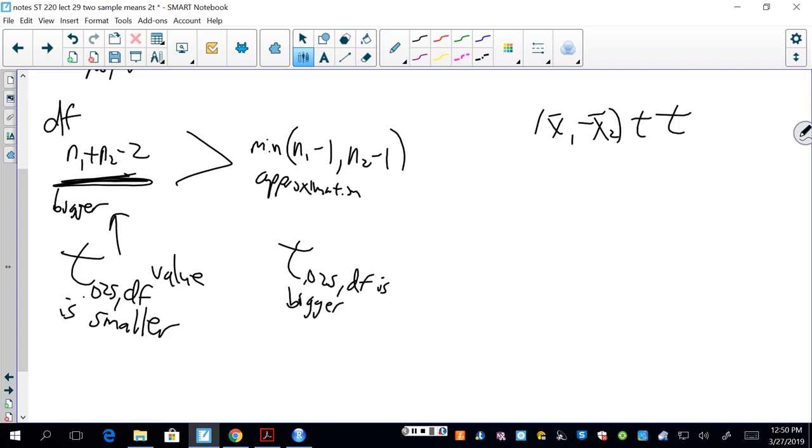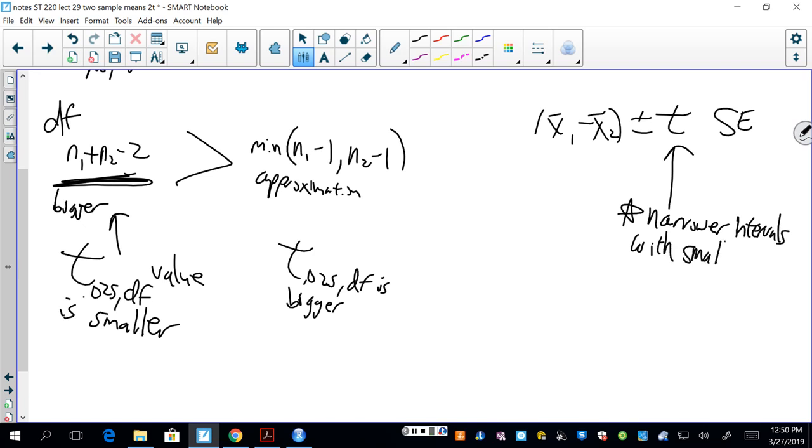We have some t value, plus or minus a value there, and then a standard error, right? We get narrower intervals if that value is smaller. Narrower intervals with a smaller t critical value in there.